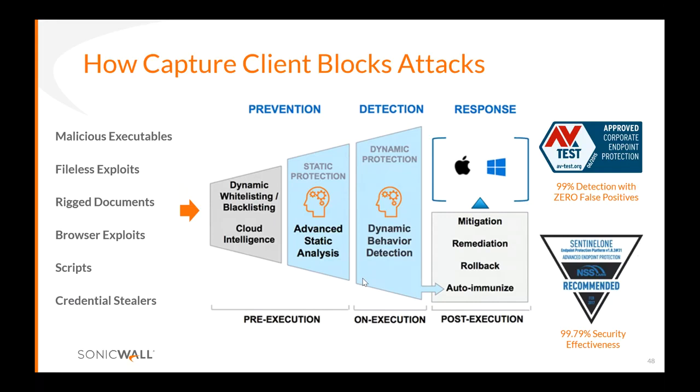For example, if any threats happen on the endpoint four or five times in 10 minutes, then you can create a policy to automatically isolate the endpoint. So that kind of outbreak prevention policy is also there. And AV-Test shows 99% detection with zero false positives. And we have a strong NSS Labs report also, with the best of breed solution SentinelOne. So this makes the SonicWall Capture Client unique, and this is how we are blocking the attacks.